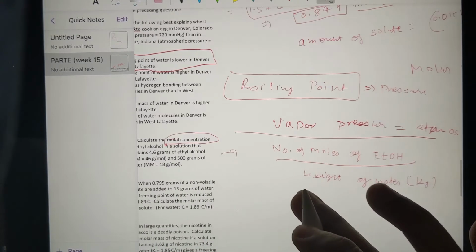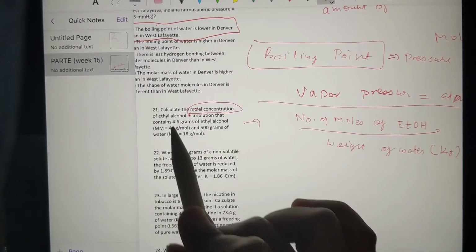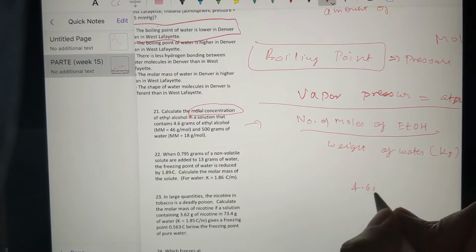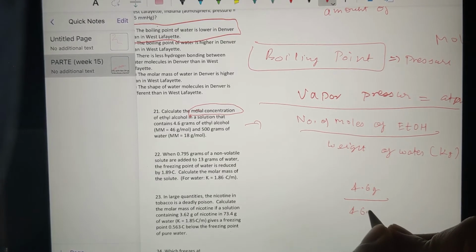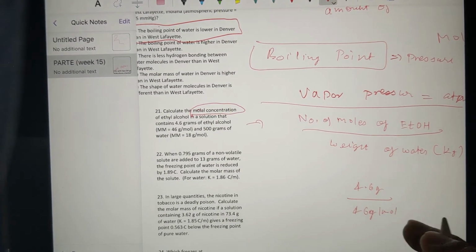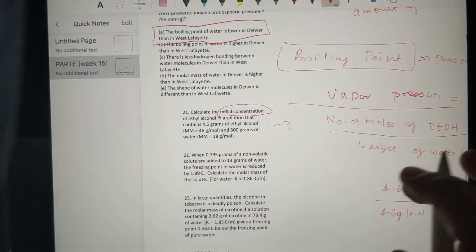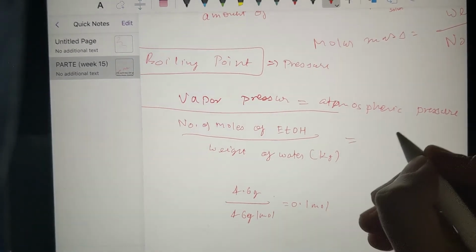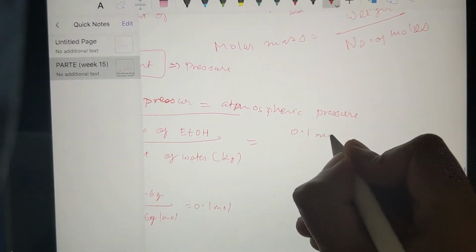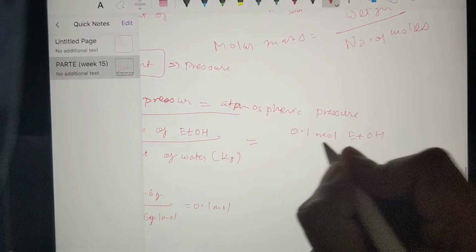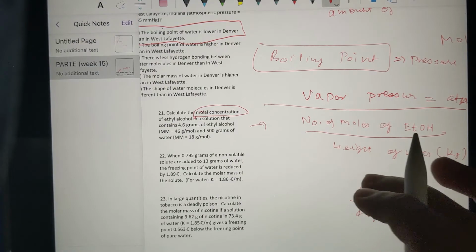Okay, so to calculate the number of moles of ethanol, you're gonna divide the weight of ethanol, which is 4.6 gram, by the molar mass of ethanol, which is 46 gram per mole. So it's equal to 0.1 mole. Okay, so now you can put this value in this. So you have 0.1 mole ethanol divided by weight of water, which is 500 grams.